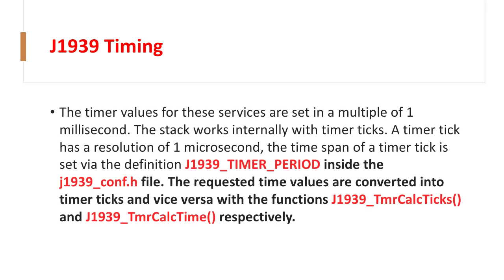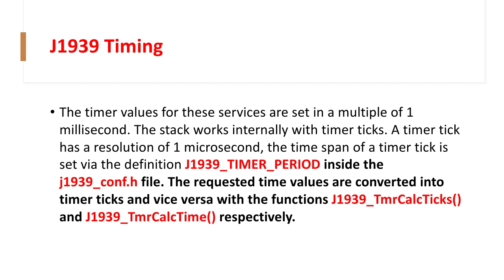The time span of a timer tick is set via the definition J1939_TIMER_PERIOD inside the conf.h file.